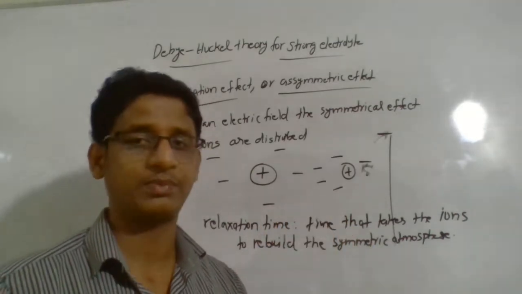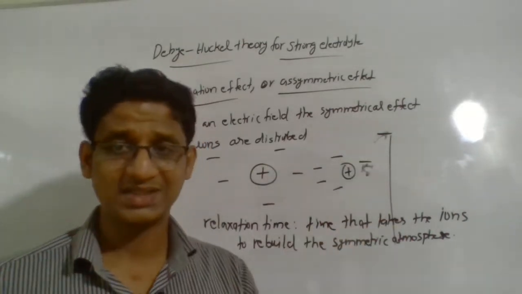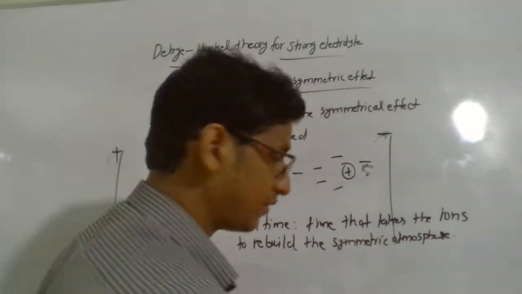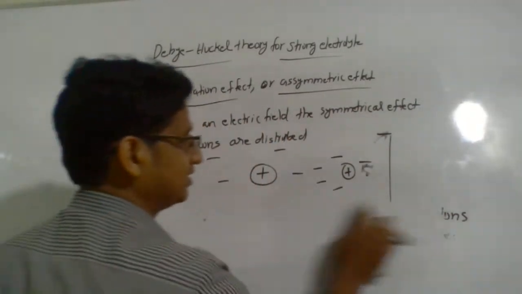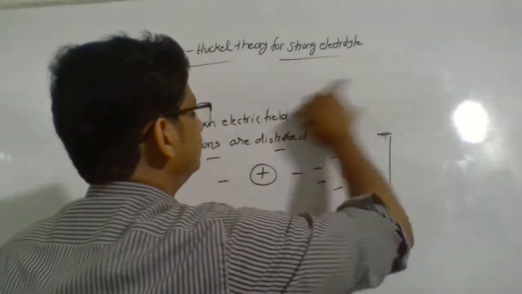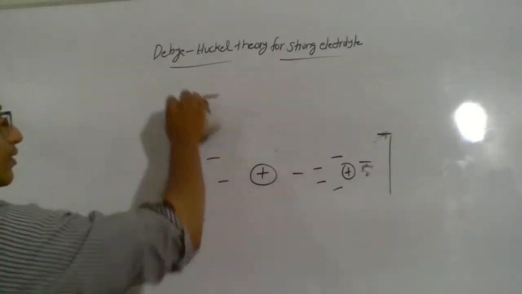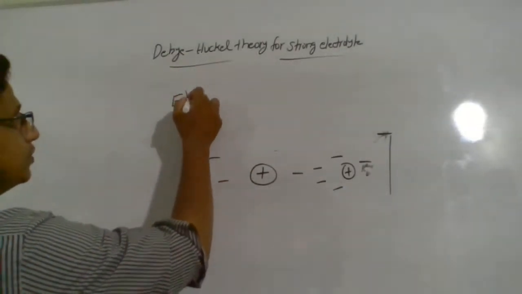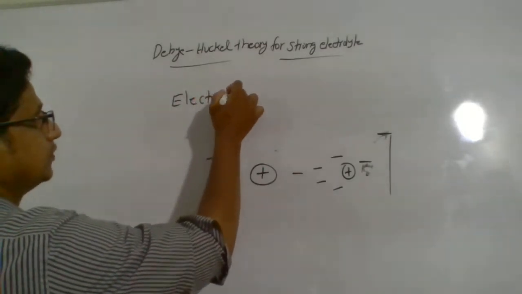That is the point explained in the asymmetric effect or relaxation effect. There is one more effect, which is easier to understand once you have understood this. We call it the electrophoretic effect.